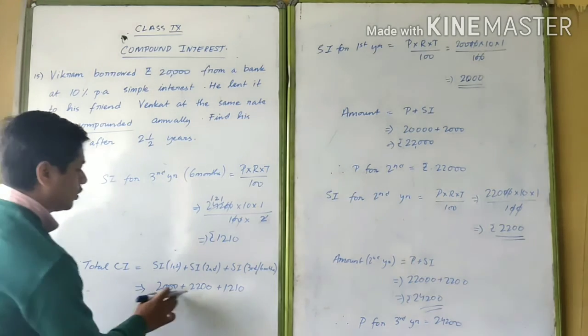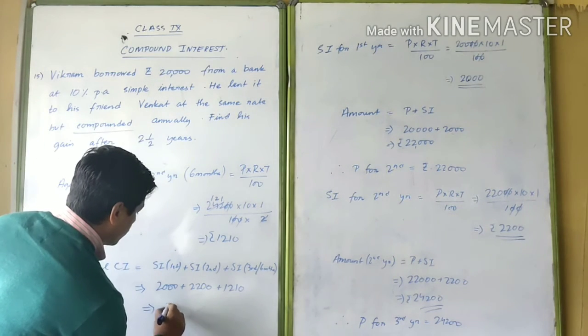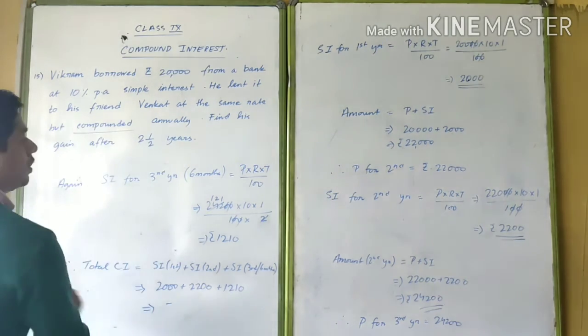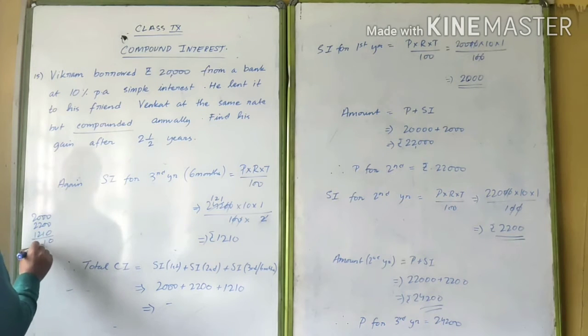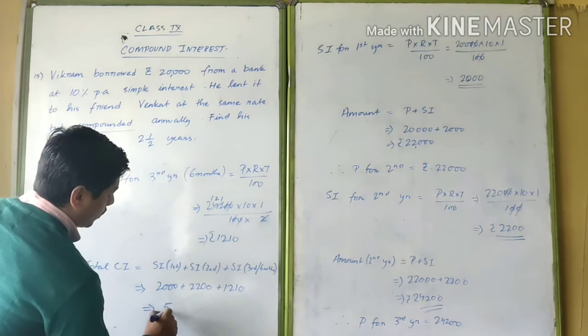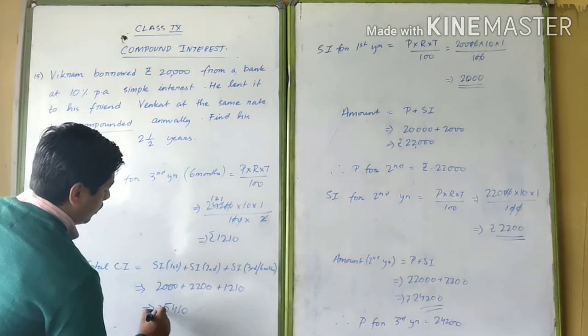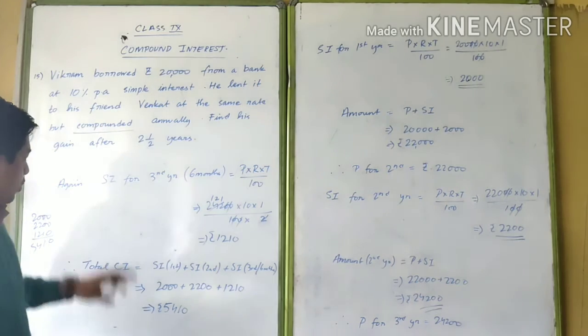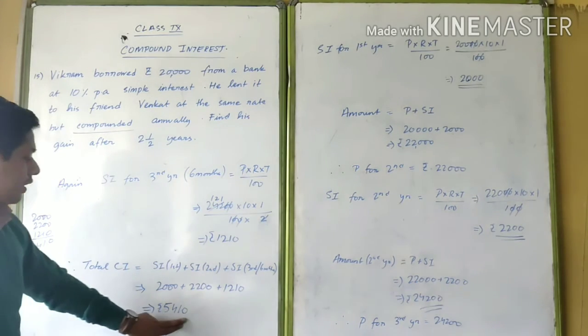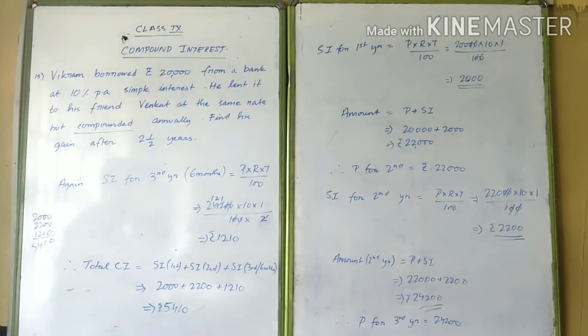So 2,000 plus 2,200 is 4,200, and with 1,210 it becomes 5,410 rupees. That means Venkat will be paying a total interest of 5,410 rupees.